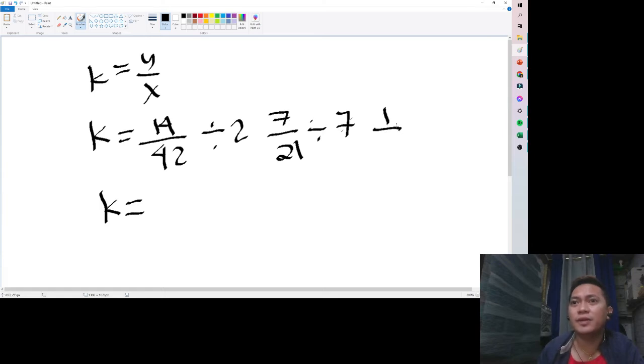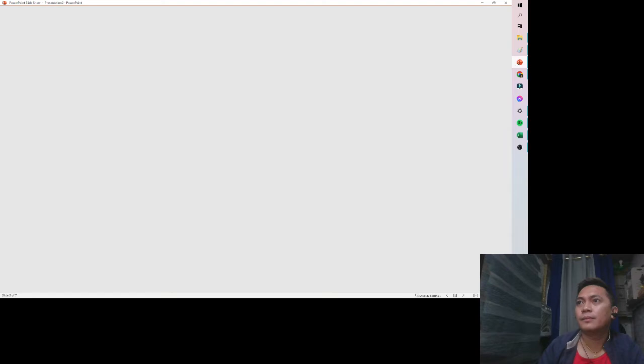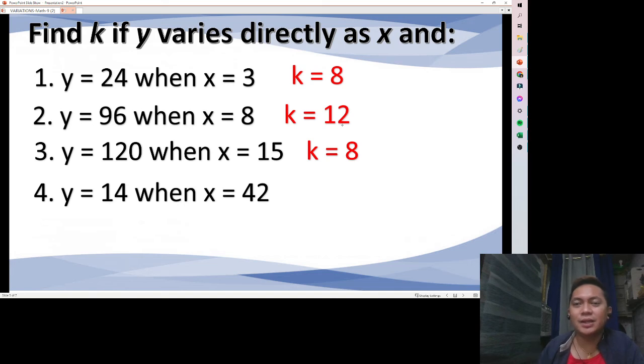Then 21 divided by 7, that is equal to 3. So your k is equal to 1/3. Okay, so the answer is k is equal to 1/3.